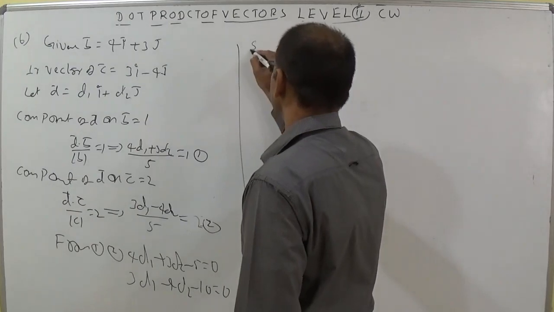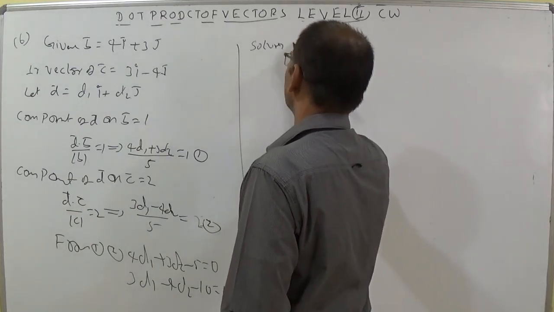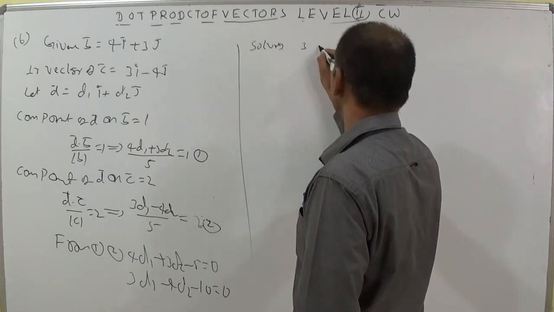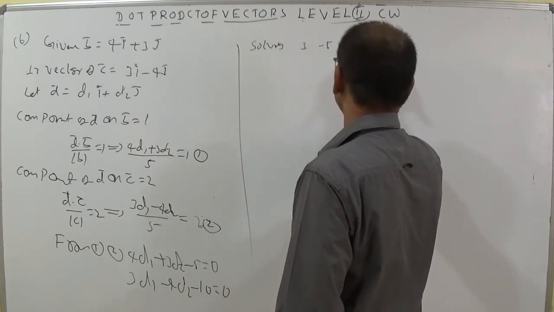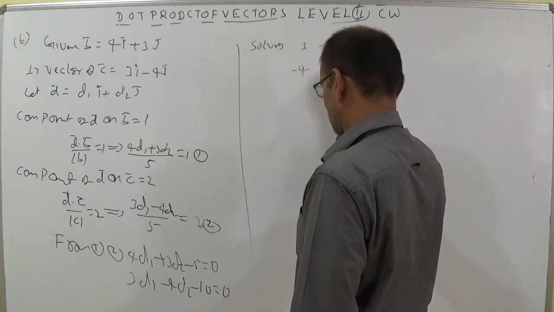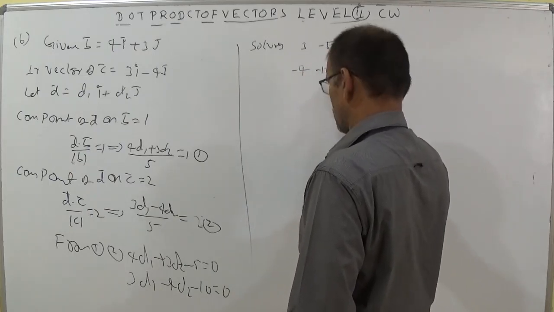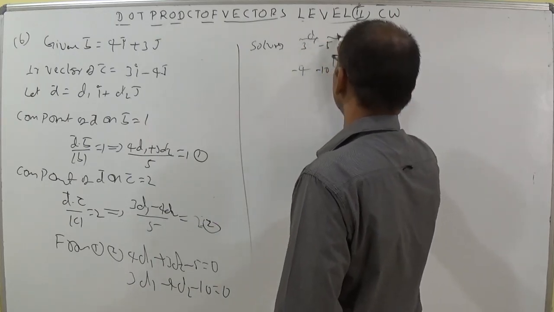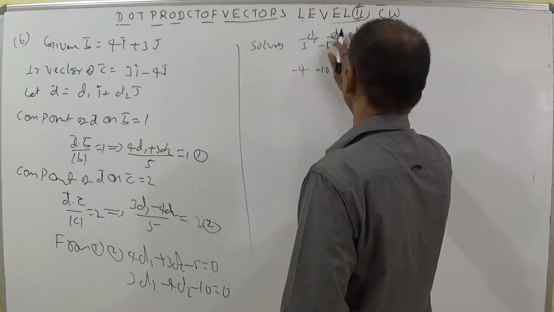By solving the two equations, we know the method: 3 minus 5 4 3, next minus 4 minus 10 and 3 minus 4. This is for d1, this is for d2, this is for 1.